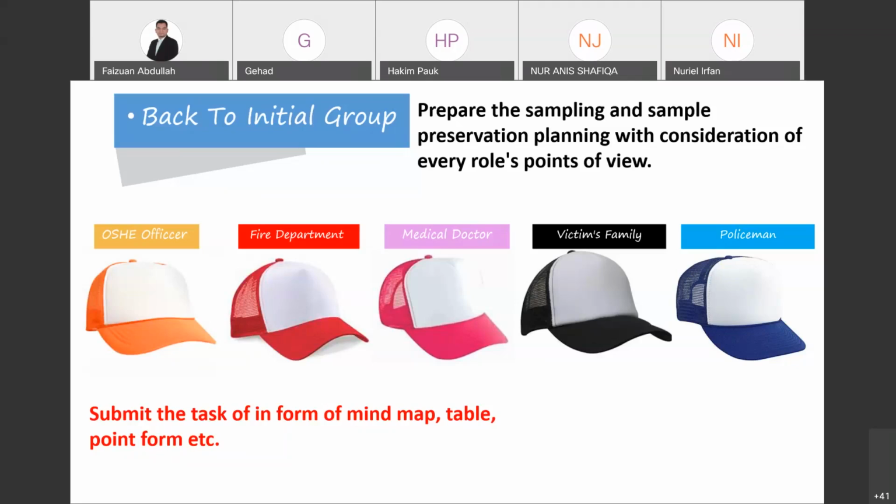So your point of view is the carelessness or the hazards inside the hospital. For the medical doctors, your point of view is about the patient, the victim or the patient that already died in the hospital.